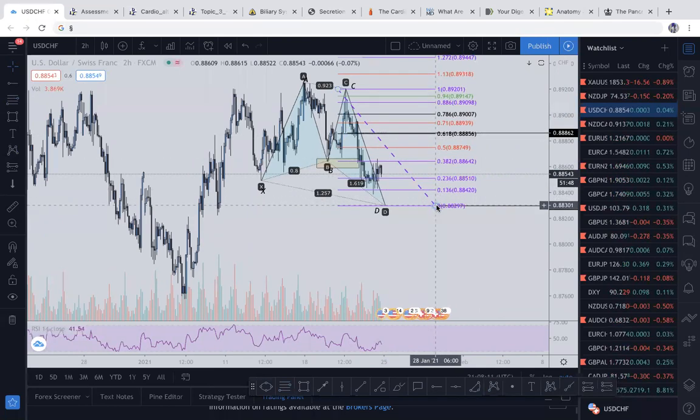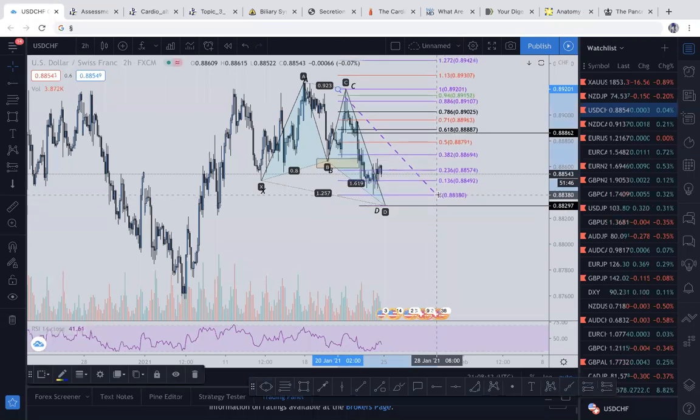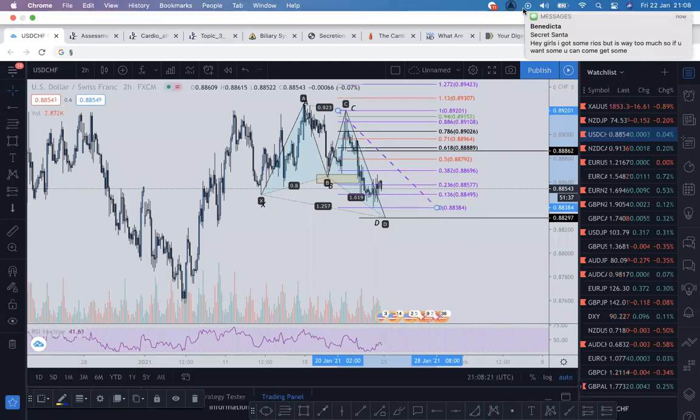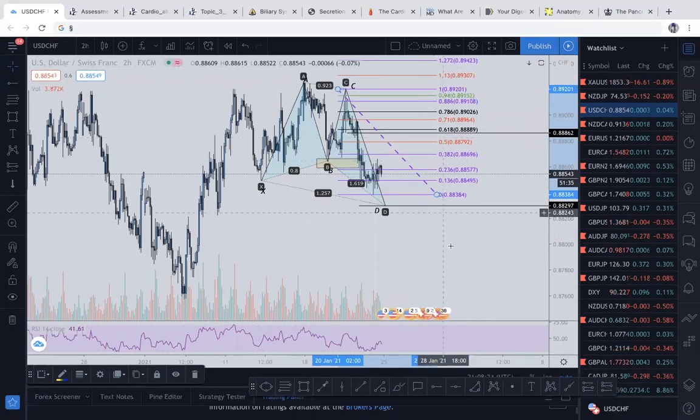Even if I take it from the place where the reversal is happening, look at the zone, 50% and above retracement. So we can clearly take this one and move all the way back down to the D area and buy it back up again.